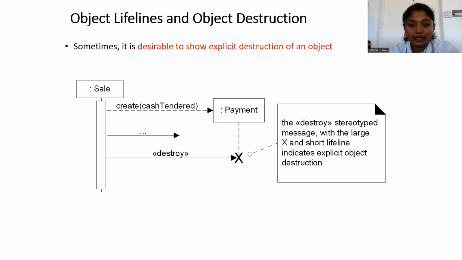The lifeline ends here with an X mark, and we have a stereotype mentioning the term destroy. The destroy stereotyped message with a large X and short lifeline indicates explicit object destruction. The object is destroyed here. Further, we cannot use that payment object for any purpose. That's all.